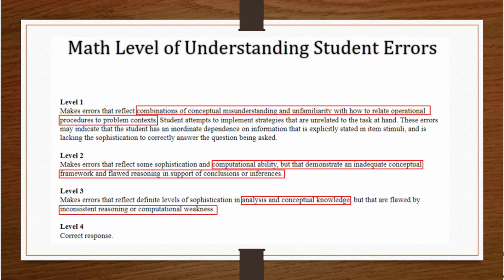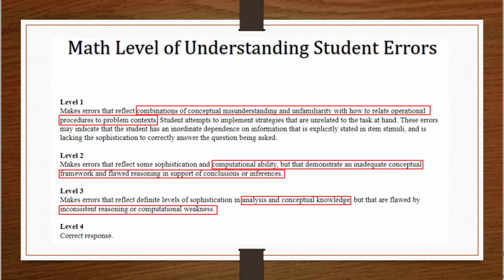To better understand student errors around the levels of DOK for math, we will refer to the Distractor Rationale Taxonomy by Pearson Assessments. As seen on the screen, students who struggle with DOK Level 1 make errors that reflect combinations of conceptual misunderstanding with how to relate operational procedures to problems.